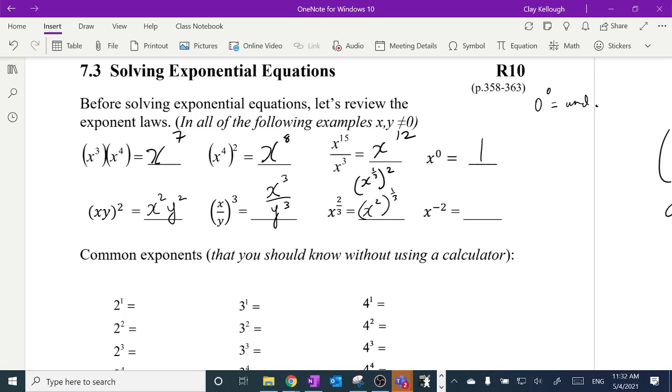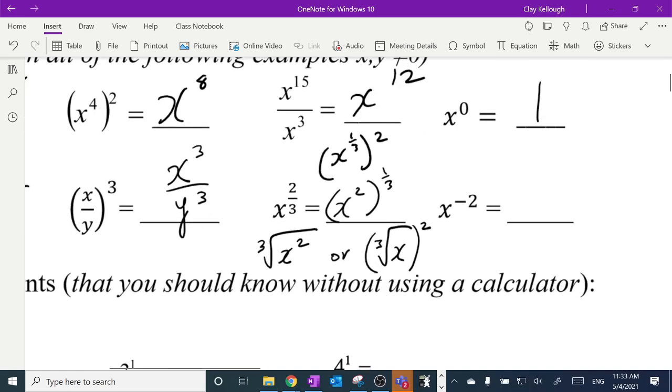And that means that you can think of this as the cube root of x squared, or you can think of it as the cube root of x, squared. It does not matter what order you consider those two things. Let me make that bigger. All of those things equal the same thing.